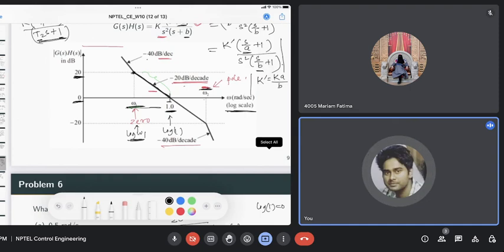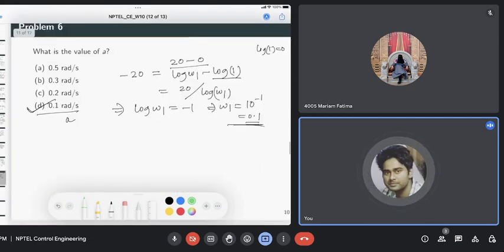So again we consider this portion of the line. The slope is again minus 20 dB per decade, and the x points are 1 and omega 2, and the corresponding y points are 0 and minus 20.